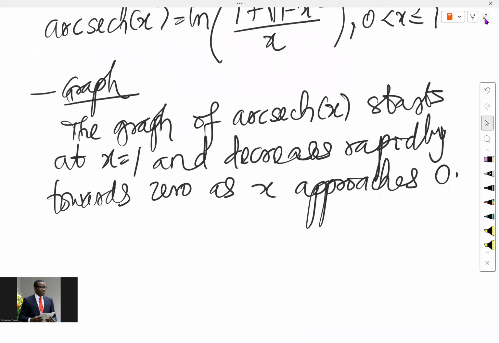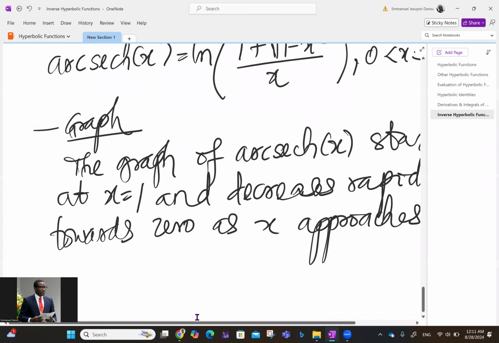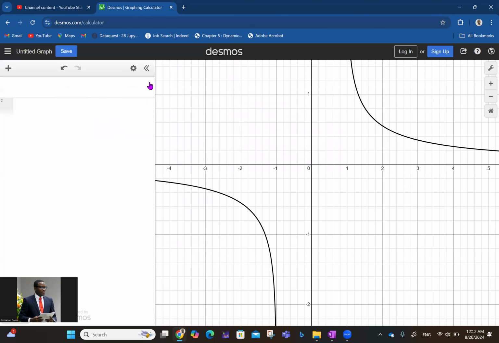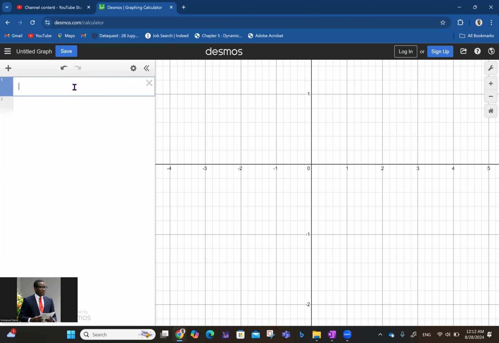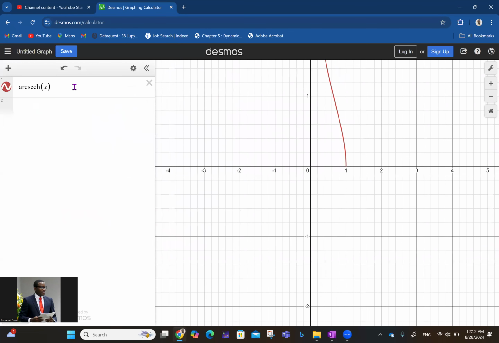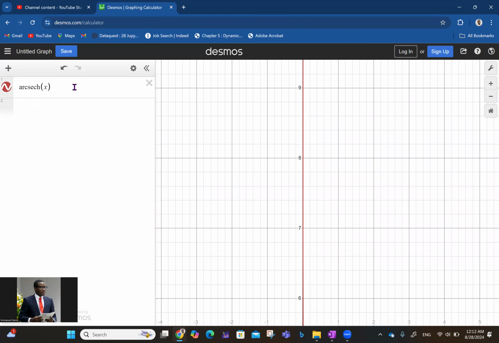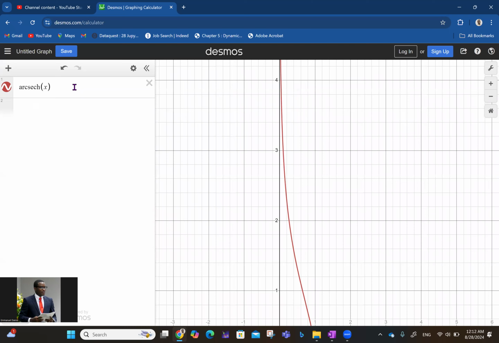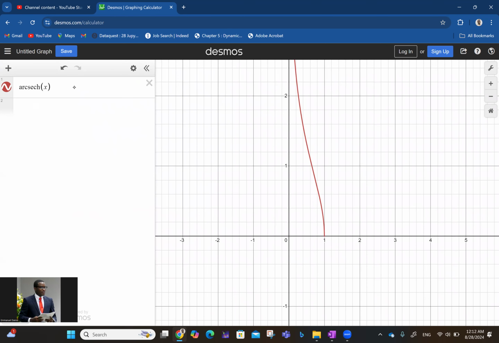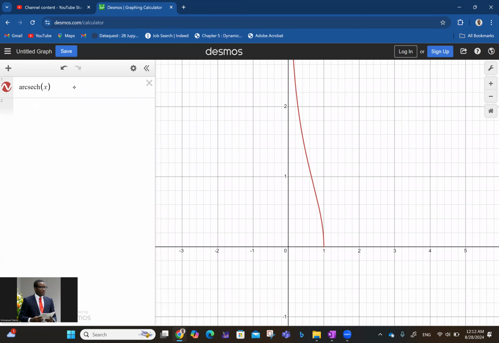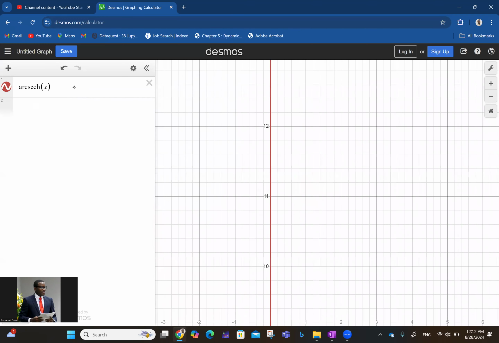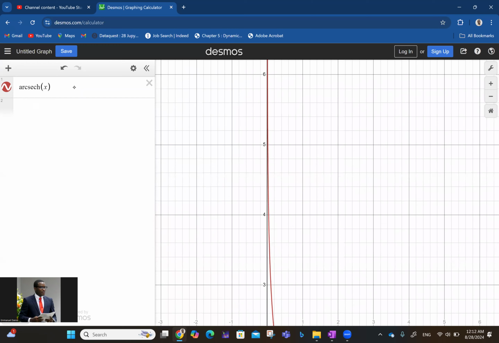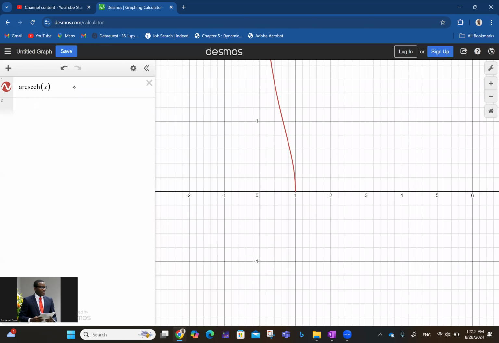Okay, so let's see that, arcsech x. You can see it starts from 1 like this, and then it goes rapidly towards 0 along the y-axis. It has such an interesting behavior.